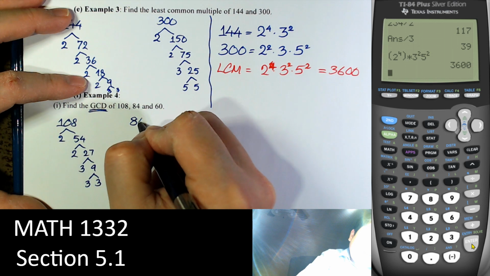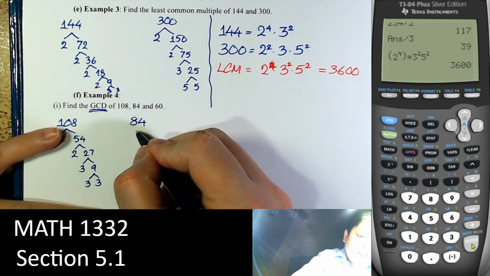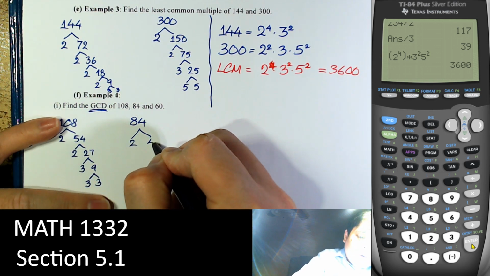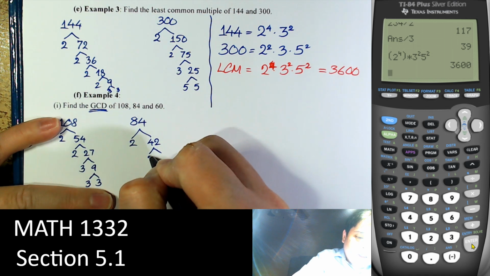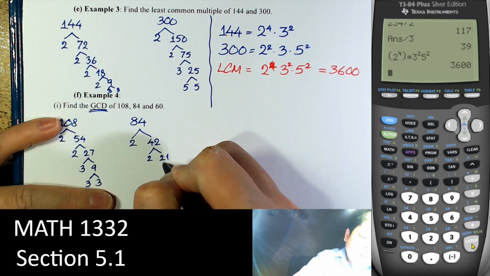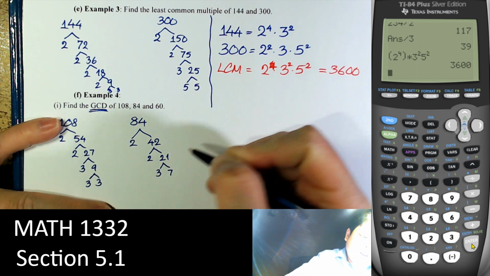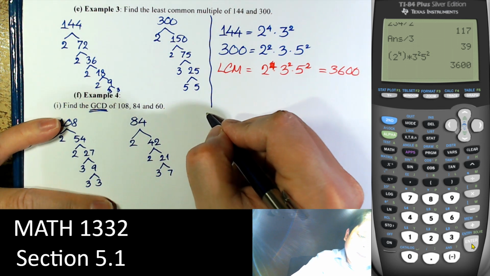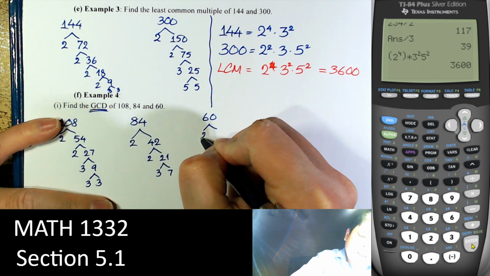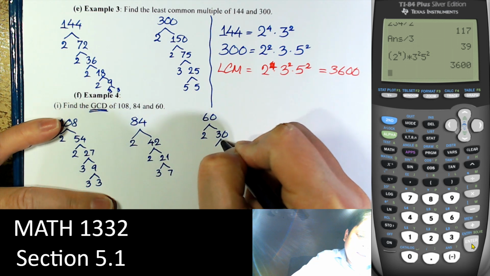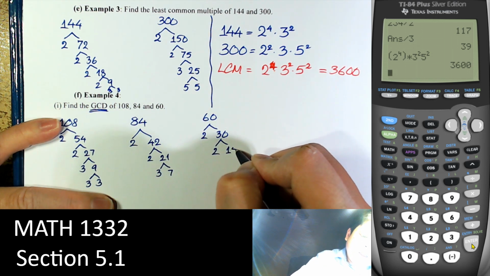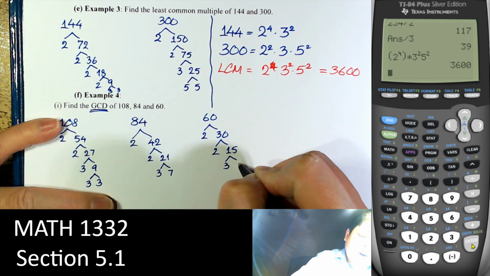Now break out 84: 2 and 42, 2 and 21, 3 and 7. 60: 2 and 30, 2 and 15, 3 and 5.